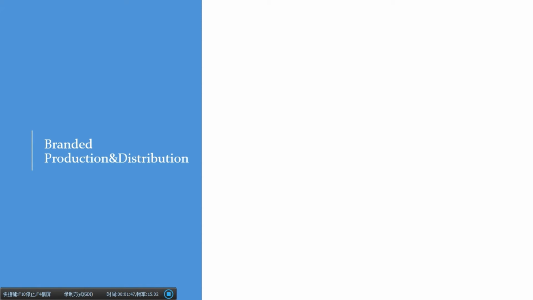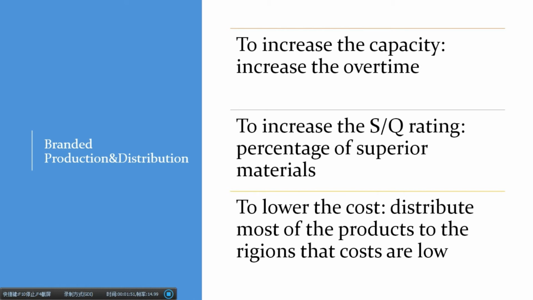And the third part is the branded production and distribution. The first is to increase the capacity. How to increase the capacity? We increase the overtime to make it augmentation. And second, to increase the SQ rating. We found that there are 2 options to increase the SQ rating.